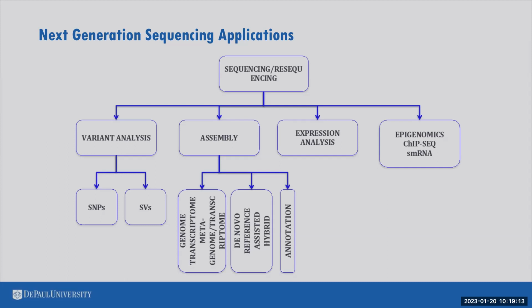When you have these sequences in hand, you either do an alignment or you do an assembly. Assembly means you take these sequences and put them together into contiguous sequences, scaffolds, possibly into chromosomes. Variant analysis is taking the sequences, aligning them to a reference, and cataloging all the SNPs to see what is different between your samples and the reference.